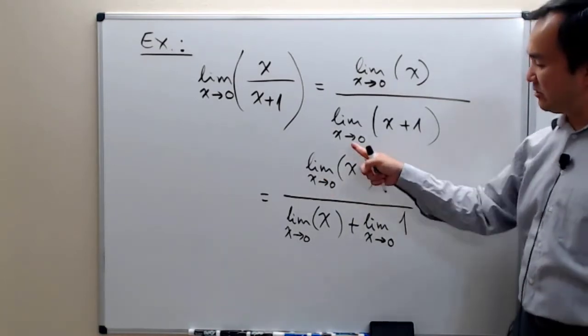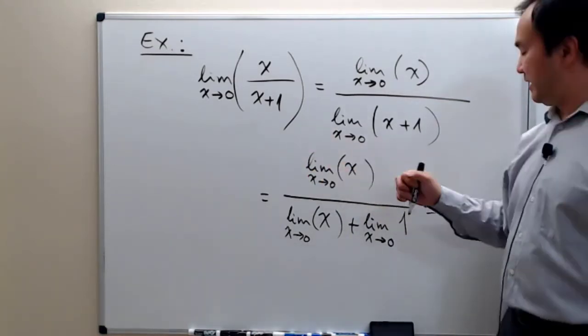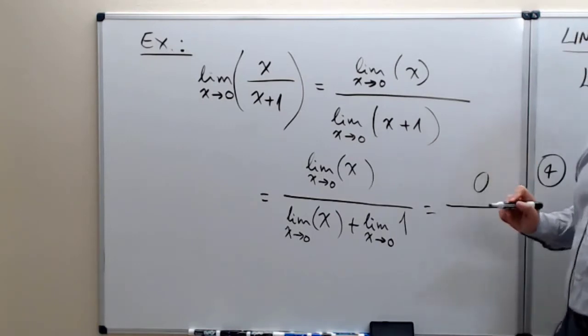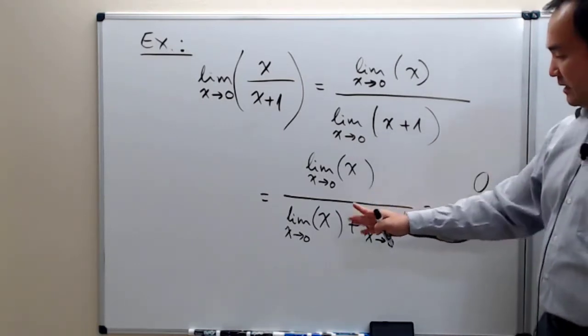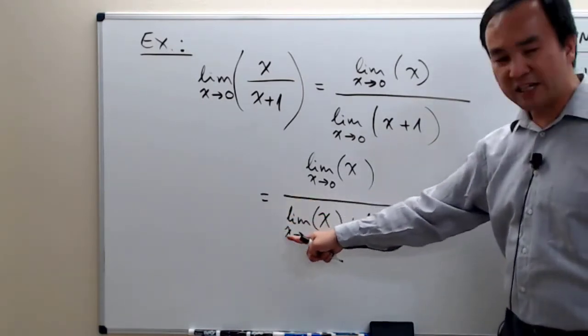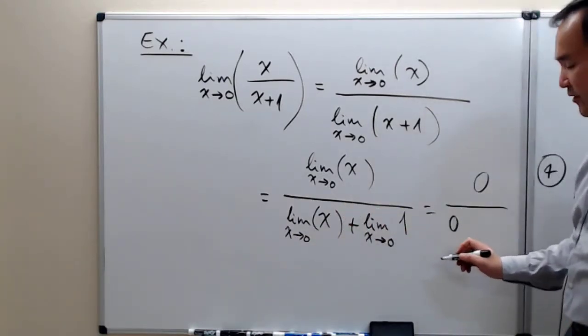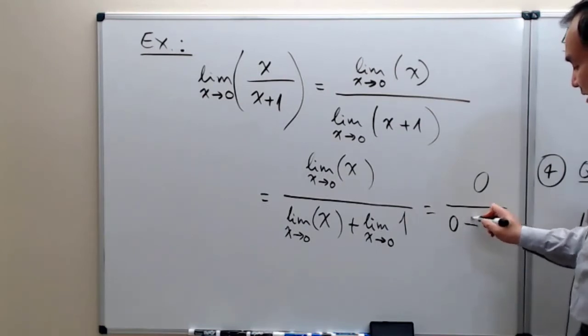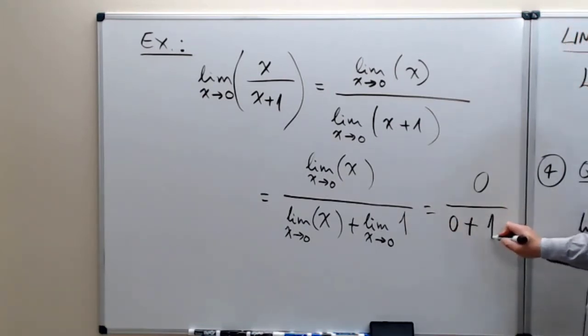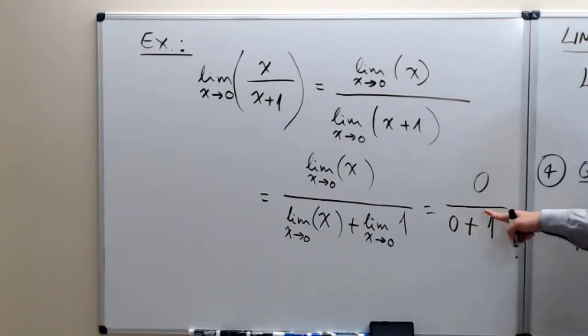So now feel free to start substituting values in, because by substituting I mean we substitute the value of a limit. So this entire limit in the numerator is 0, and the limit in the first term of my denominator is 0. It's starting to be a little threatening for somebody viewing this, but don't worry, it's actually 0 plus 1 in the denominator, so we don't have to worry about dividing by 0.